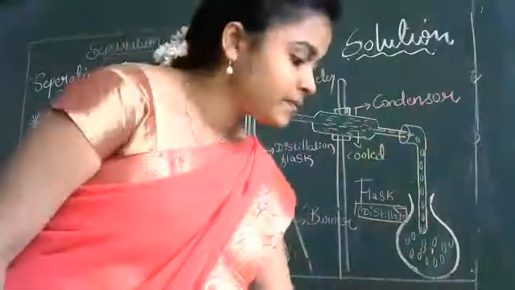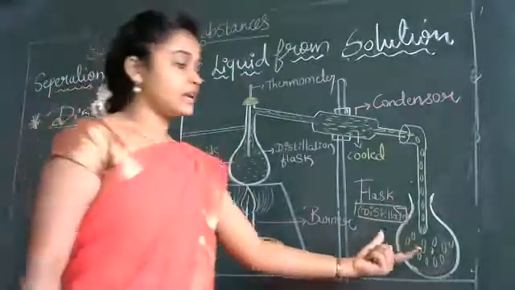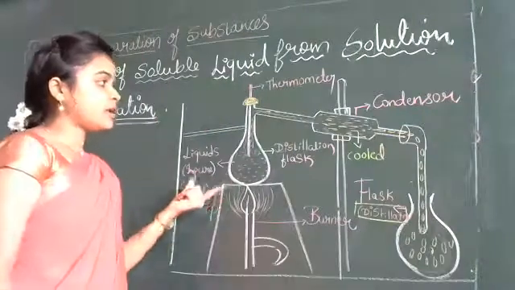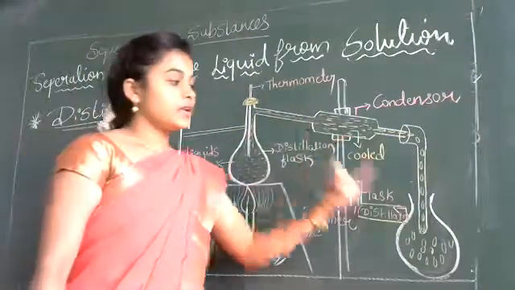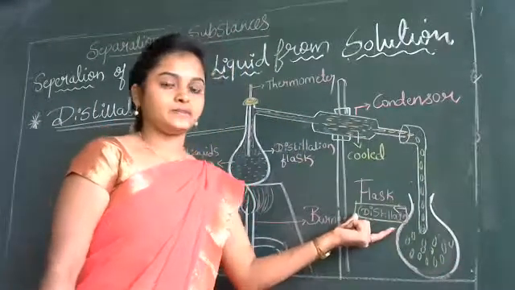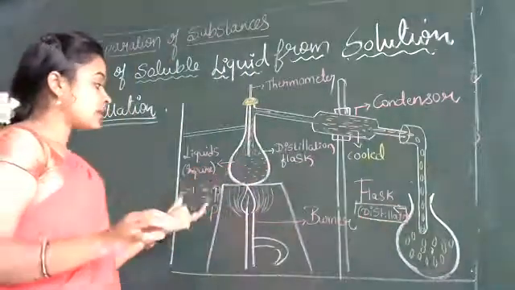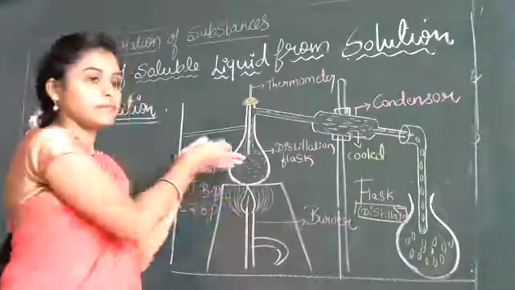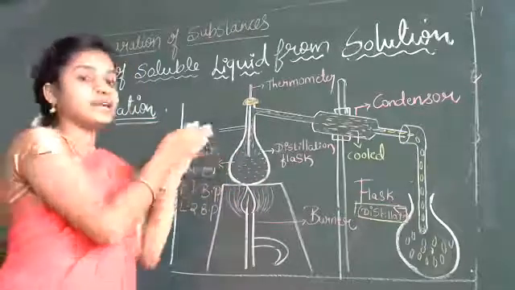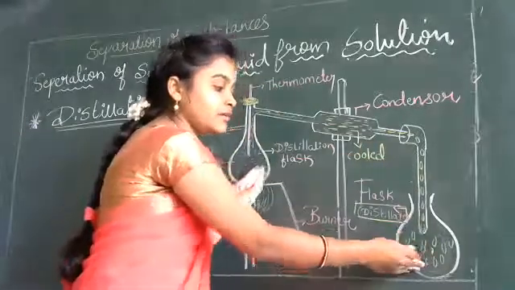What is it called? Distillate. The pure liquid which we get here after the process of boiling and condensing is called the distillate. Understood? And the other liquid which was mixed with this liquid will remain back here only, because its boiling point is higher than the boiling point of this liquid.